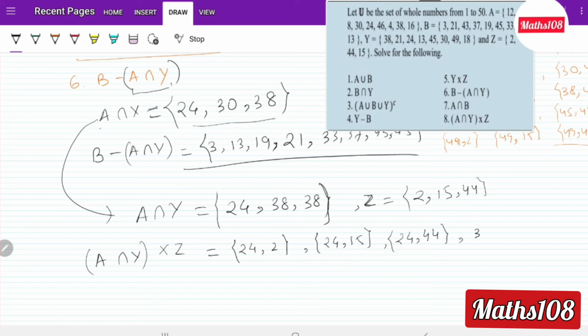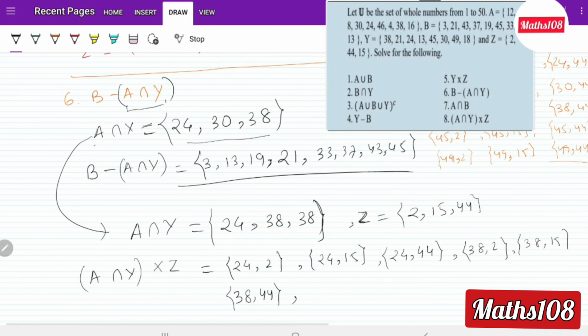Next is 38, 2; 38, 15; 38, 44; 30, 2, sorry, it should be 30, so let's say 30, 2; 30, 15 and 30, 44.